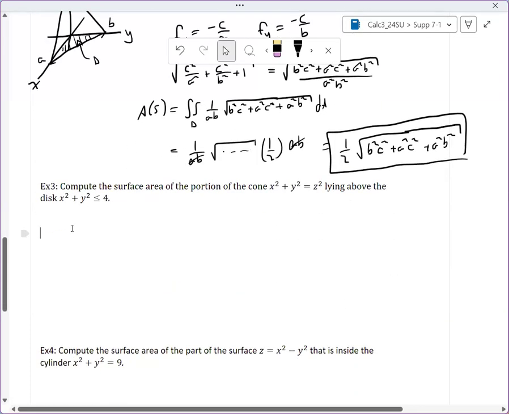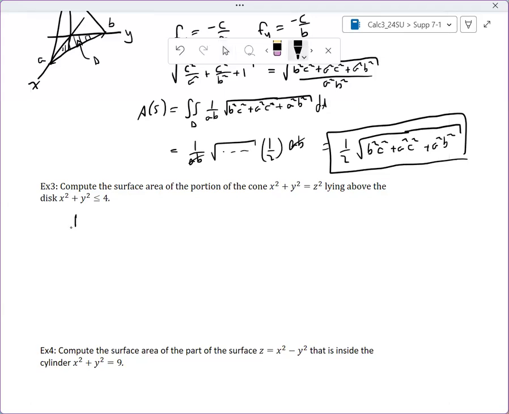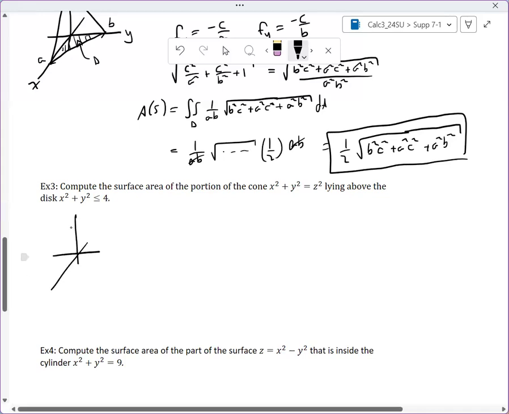Okay, so now let's look at some functions that aren't just planes. For the next example, let's compute the surface area of the portion of the cone x squared plus y squared equals z squared that lies above the disk x squared plus y squared less than or equal to 4. So I do note that when x is 0, I have y squared equals z squared, or z is just the absolute value of y.